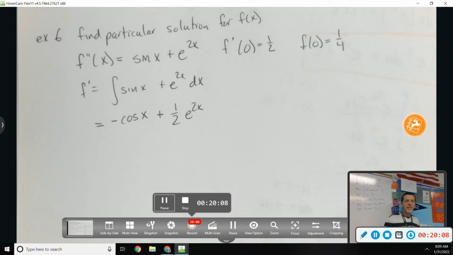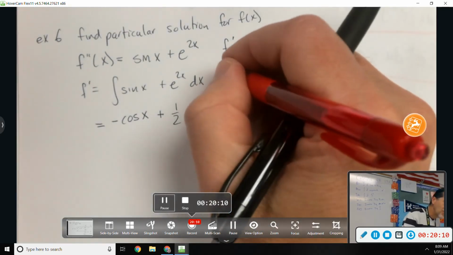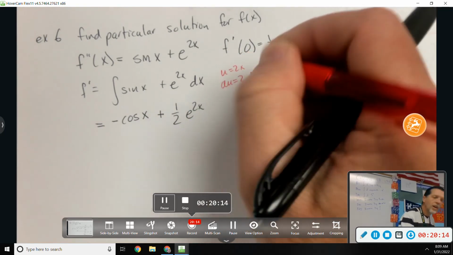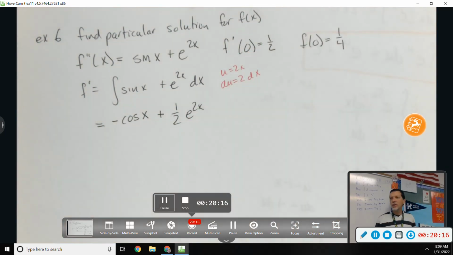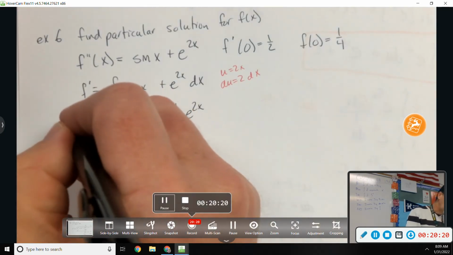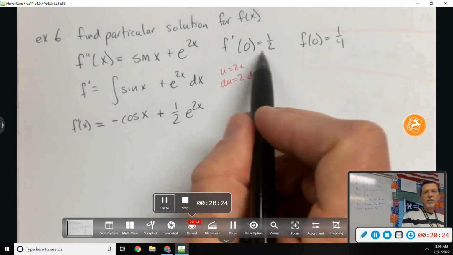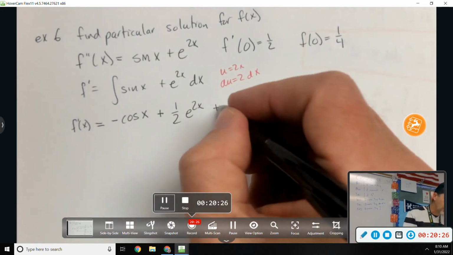Again, if you don't like that, then you go u equals 2x, du equals 2, and there's where the 2 and the 1/2 come from. What have I left off of my answer here? Plus c, especially when I'm looking over here. There's nothing to solve for until the plus c shows up.